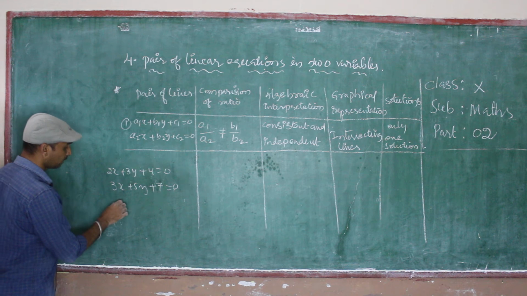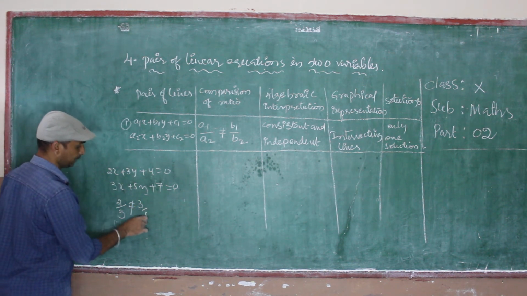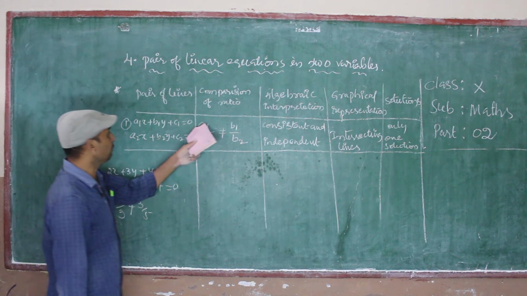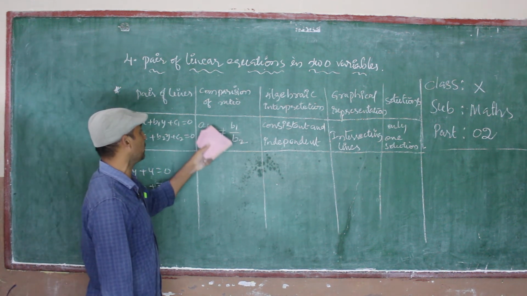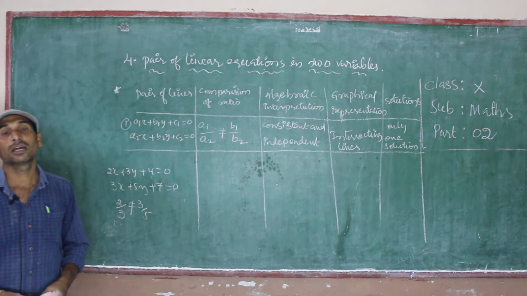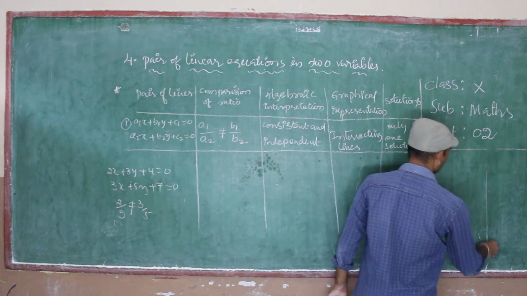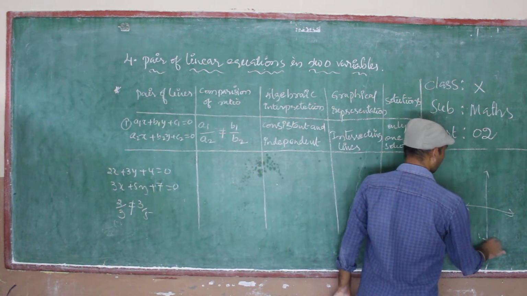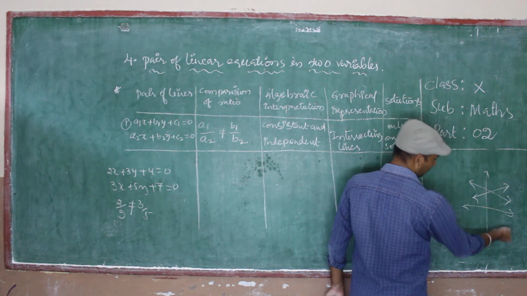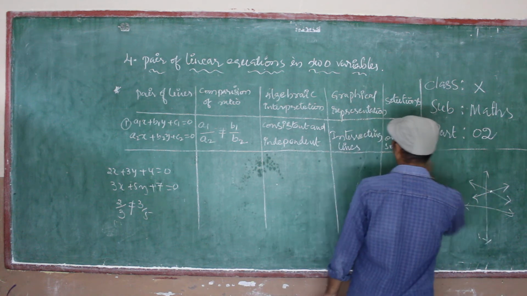When we find out a1 by a2, 2 by 3 is not equal to b1 by b2, 3 by 5. Both are not equal. Then when we are comparing the ratio of coefficients, if a1 by a2 is not equal to b1 by b2, then if you draw the lines, these lines will intersect somewhere.